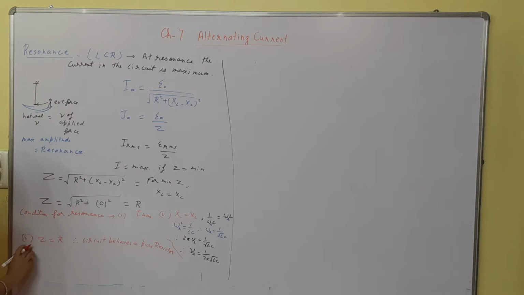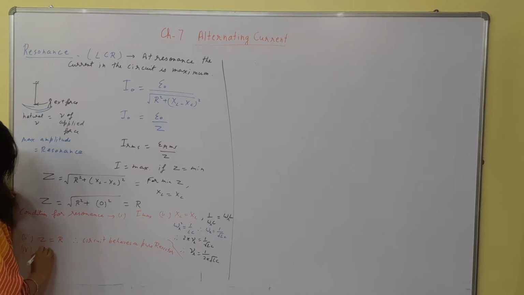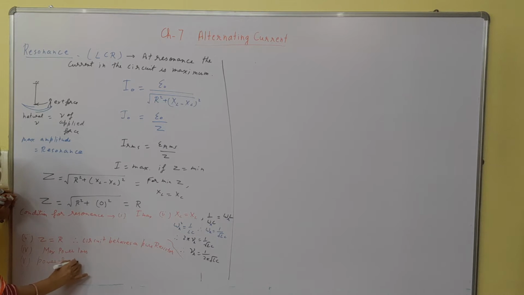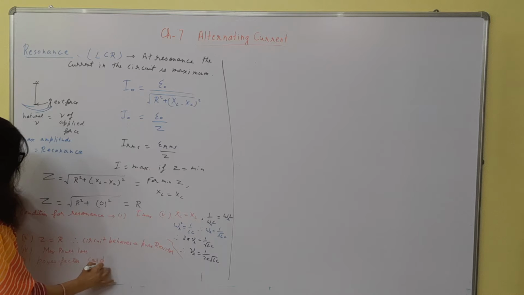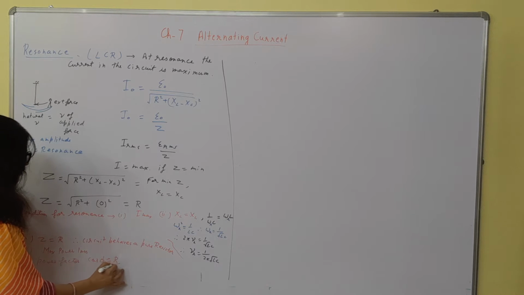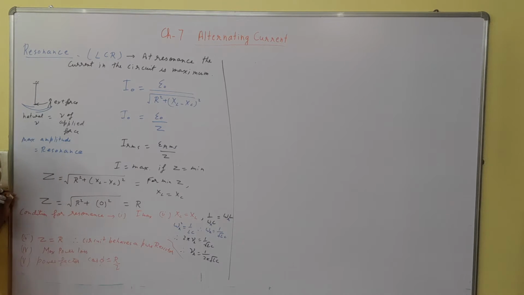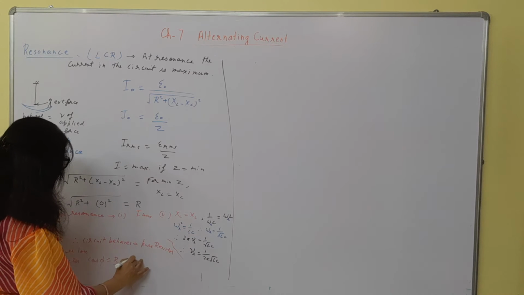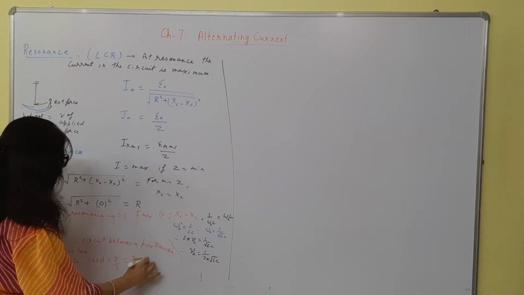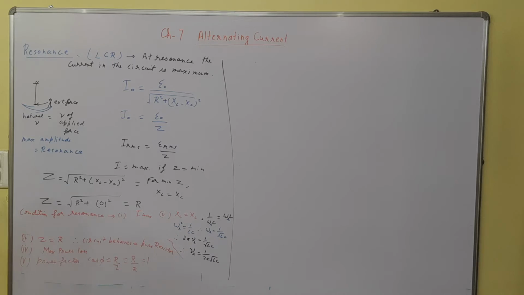And fourth point, if it works as a pure resistor, there is maximum power loss, right? And fifth thing, power factor, which is cos phi, and this is equal to R upon Z, and in this case Z is equal to R, so this will be R upon R is equal to 1. So power factor is 1.